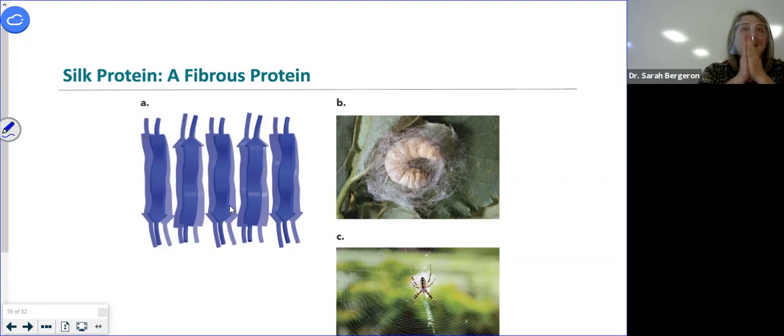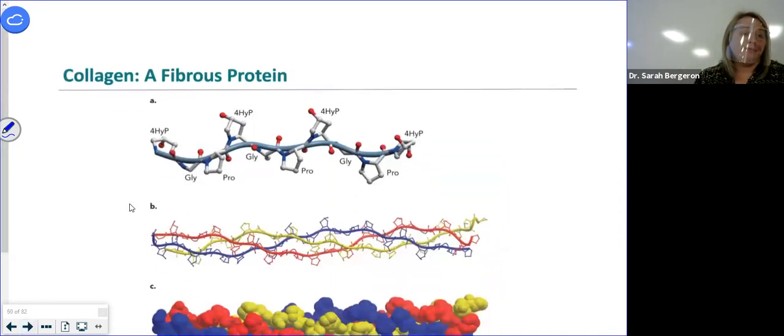And so that tight packaging leads to lots and lots of interactions. And so because of all those interactions, then you end up with a molecule that's very, very strong. So that's why silk is really cool.